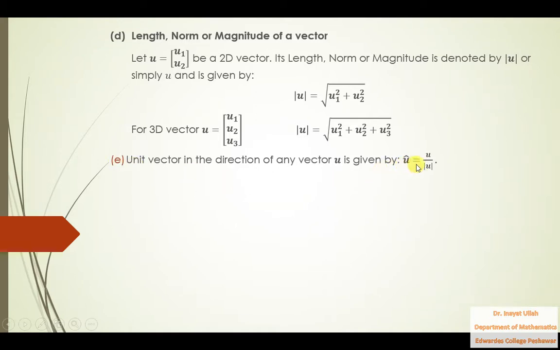So u cap will be equal to this vector which is given to you, divided by its magnitude. So a vector divided by its magnitude is actually a unit vector in the direction of this vector.